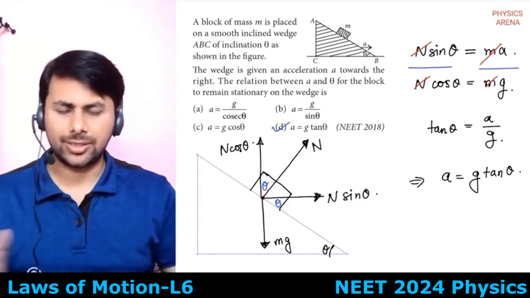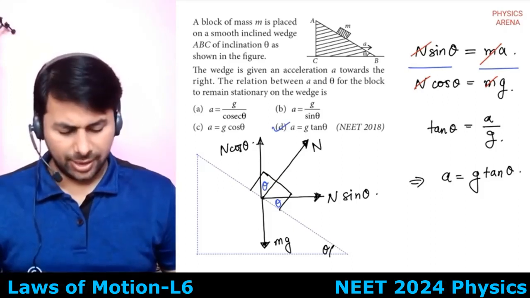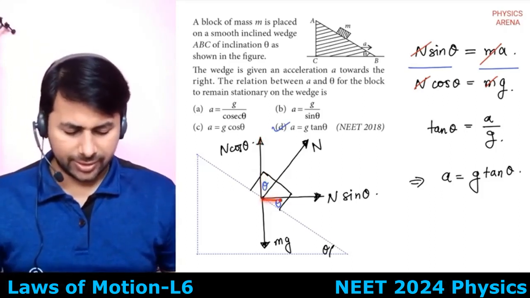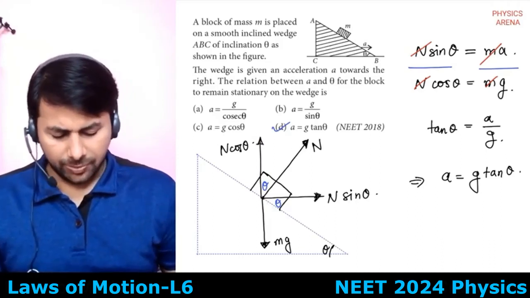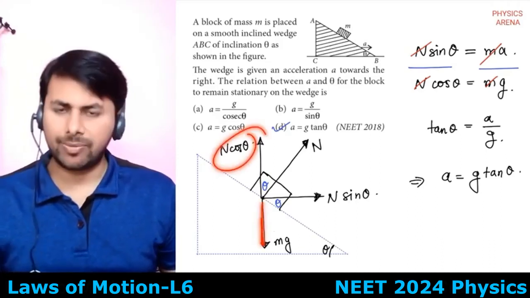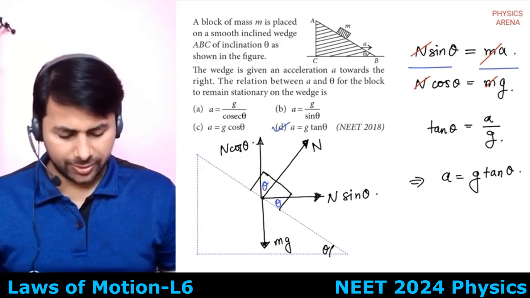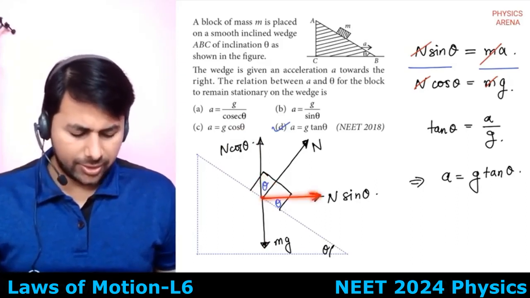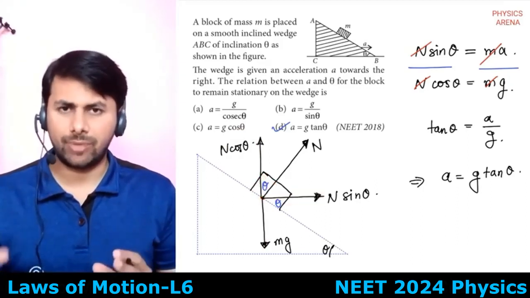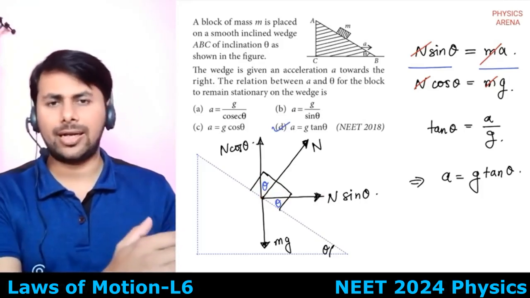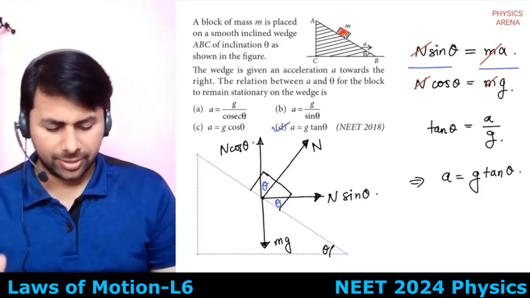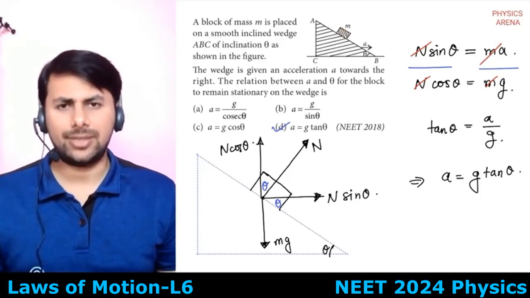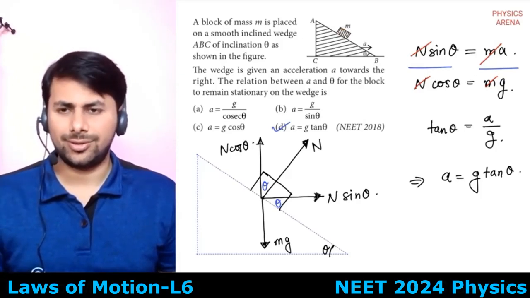You can resolve the normal reaction along two directions, one upwards, one horizontal. The upward component of the normal reaction will balance mg, the weight of the block. The horizontal component of the normal reaction will provide that acceleration to this block in the horizontal direction, right?